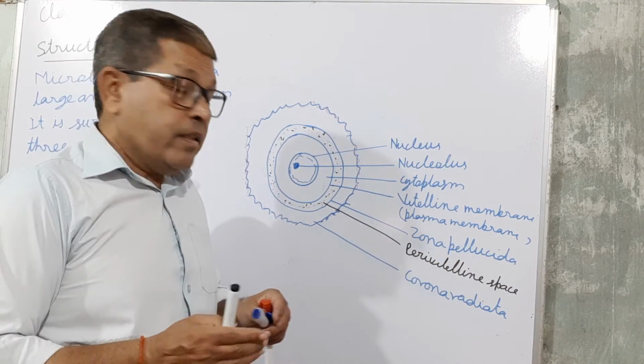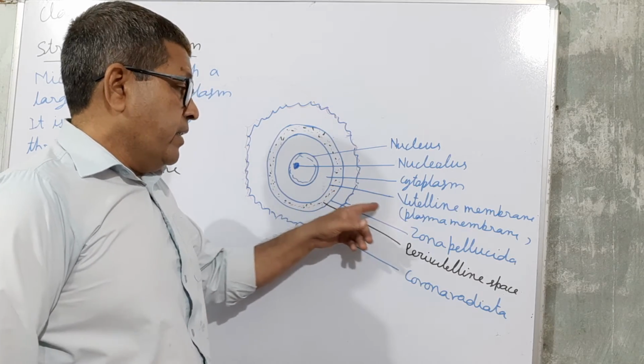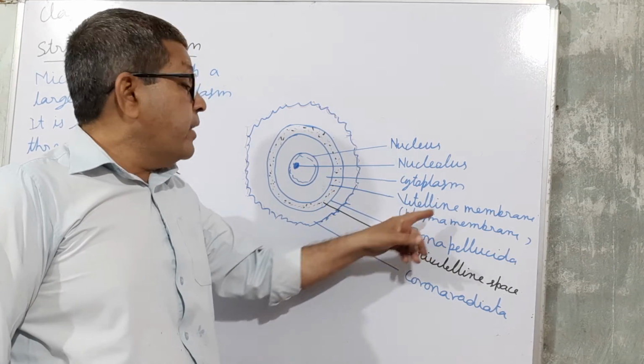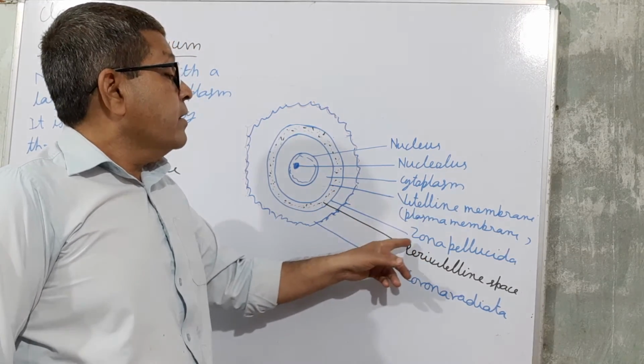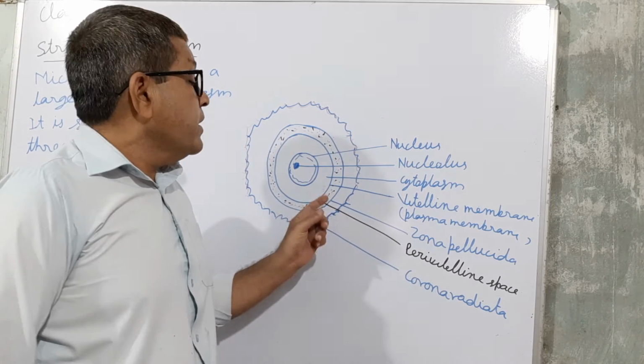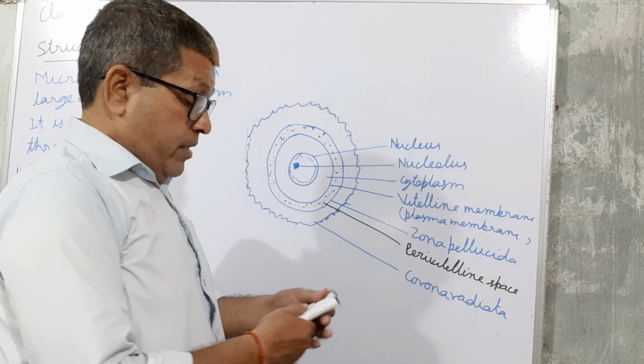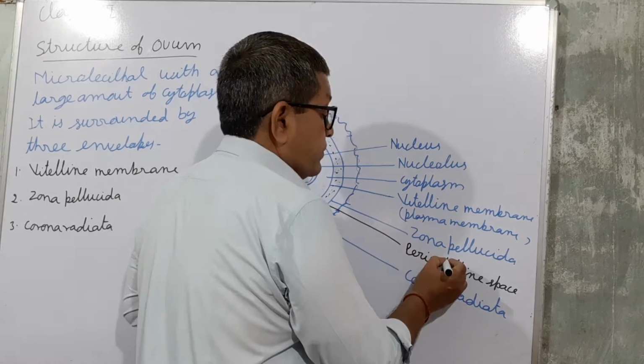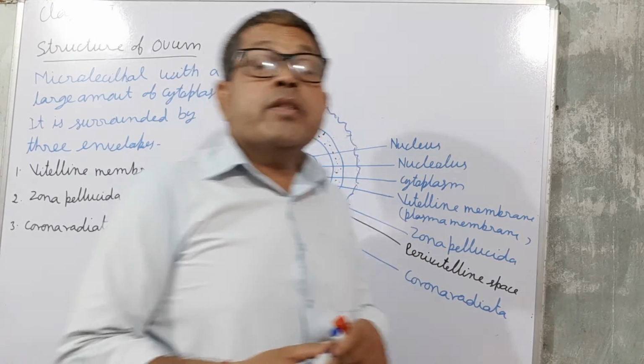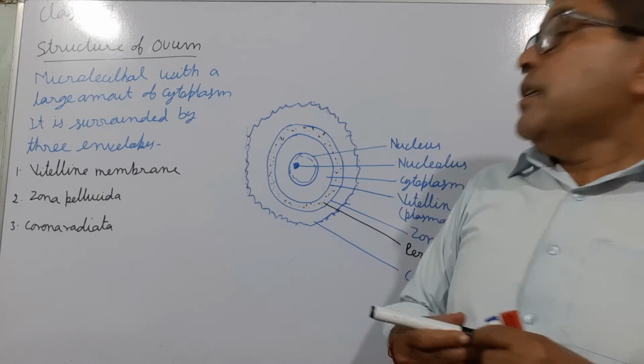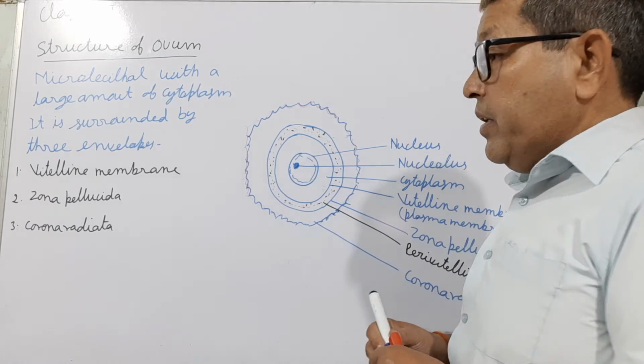This space, in between the vitelline membrane and the zona pellucida, is called the perivitelline space. So this is the structure of the human egg.